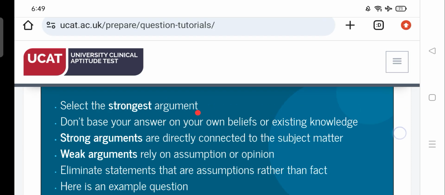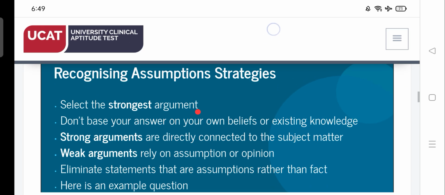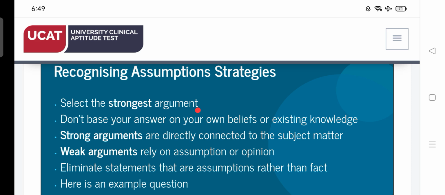Select the strongest argument. This is now a strategy to solve recognizing assumptions questions. So the first strategy is to select the strongest argument. Don't base your answers on your beliefs or existing knowledge.